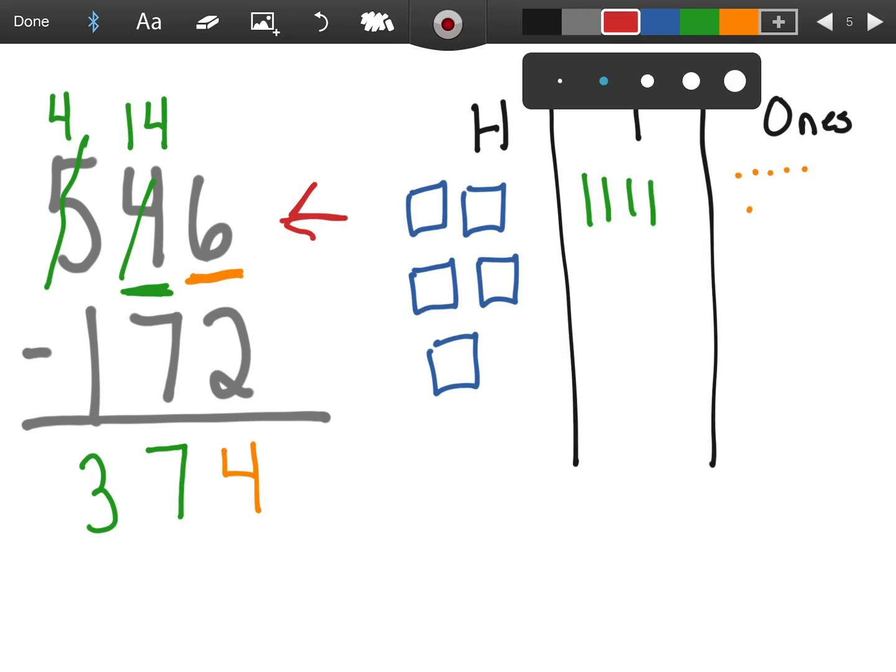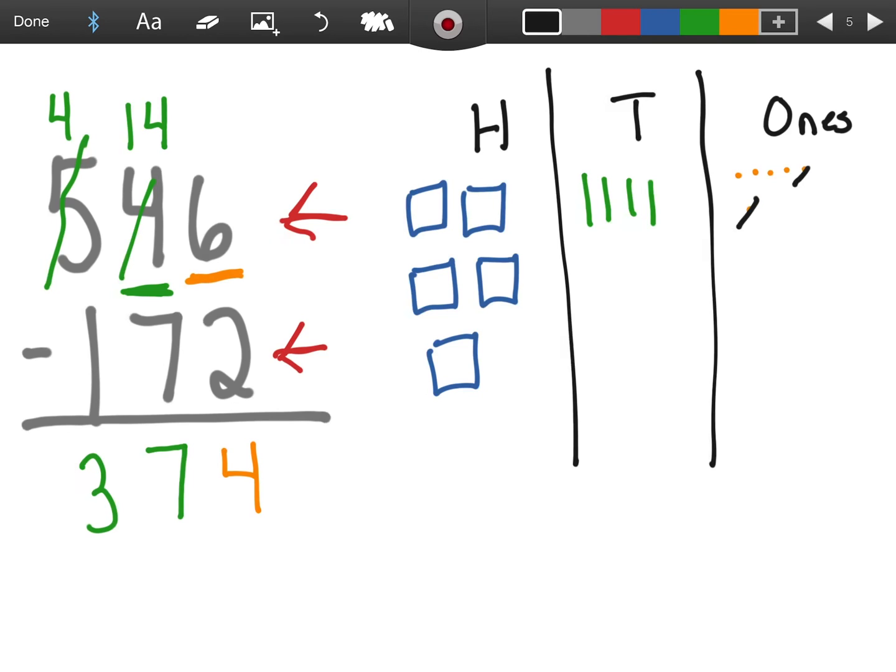Then I'm going to look at this bottom number, and I am going to begin subtracting. I have 6 ones, so yes, I can take away 2 ones, so I'm going to go ahead and cross those out. That leaves us with 4 ones. I agree there. And then we had 4 tens, and we want to take away 7.